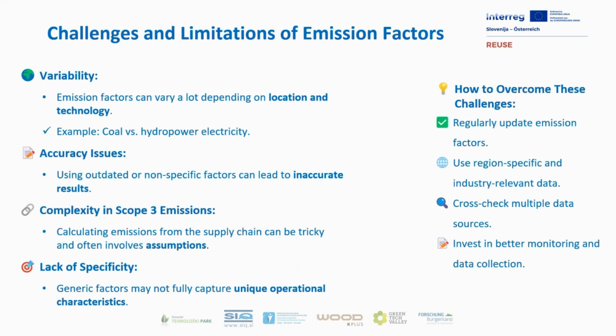Emission factors can differ a lot depending on location, technology, and even fuel quality. For example, the emission factor for electricity generated from coal is much higher than for electricity from hydropower. So using the wrong factor, say a global average instead of the local one, can seriously distort the results.